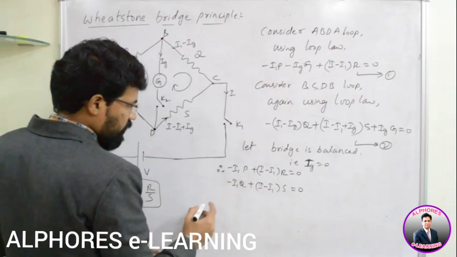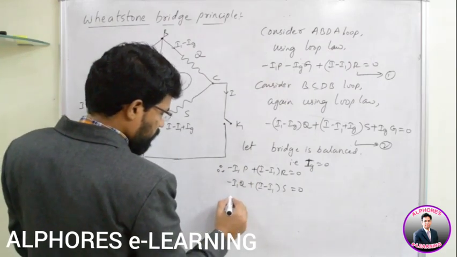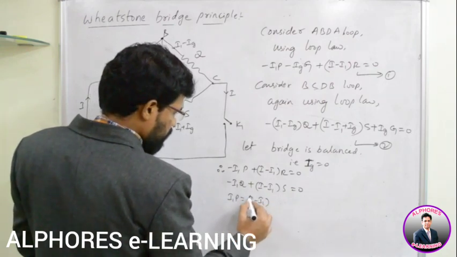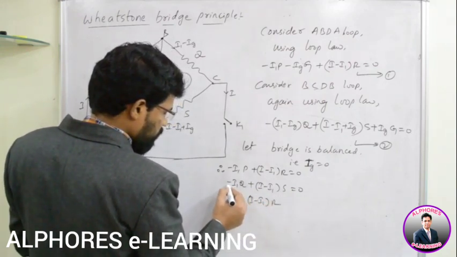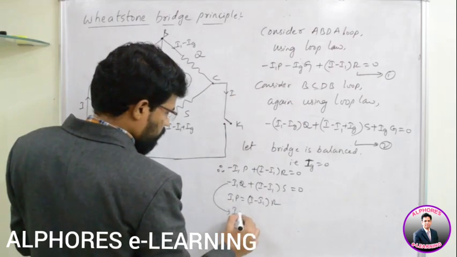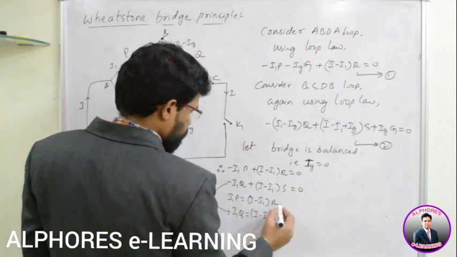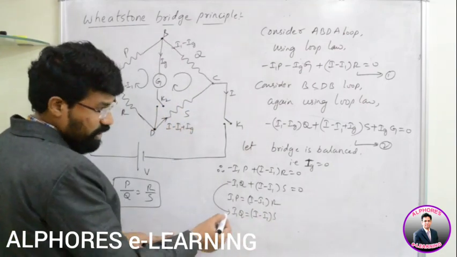Now I will shuffle the equation. What I can write here, I1P is equal to I minus I1 into R. Similarly, this equation can be written as I1Q is equal to I minus I1 into S. Now divide these 2 equations. What you will get? I1 gets cancelled.